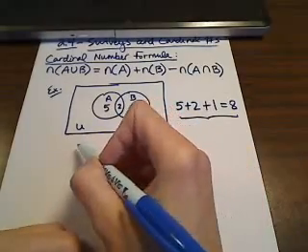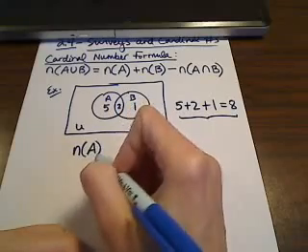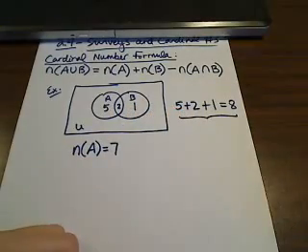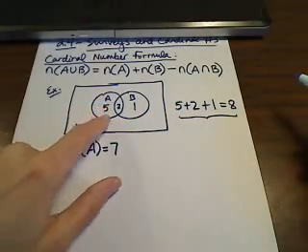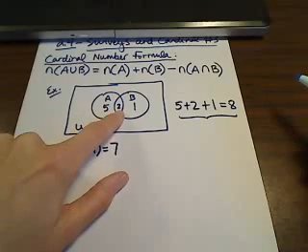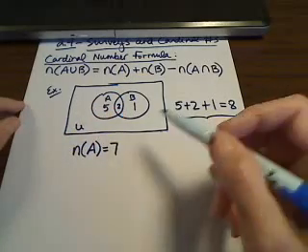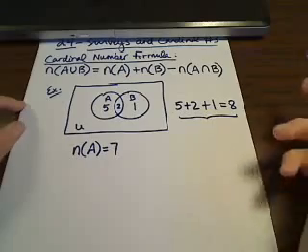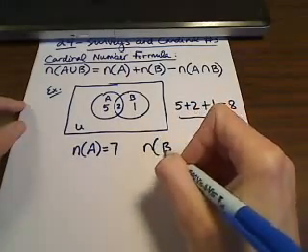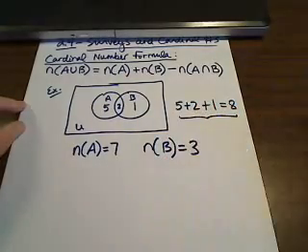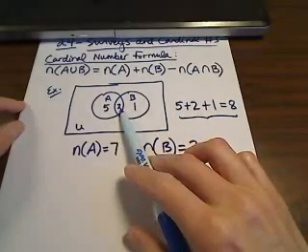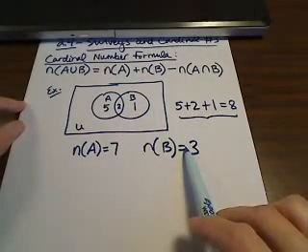So this right here, I just calculated by looking at it visually. If I was to use the formula here, the number of elements in A would be 7, wouldn't it? Because I have 5 elements here, I have 2 elements here, and if I add those two together, I would get 7. The number of elements in B would actually be 3, because I have 2 elements here, 1 element there, and that would be 3.